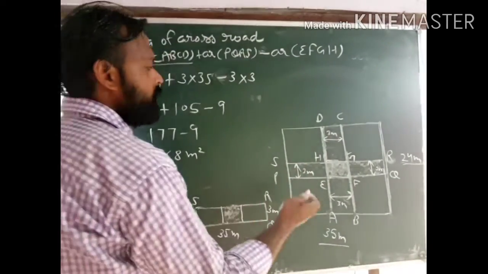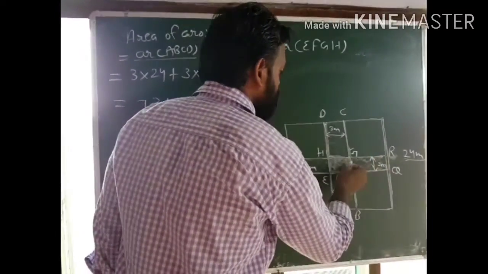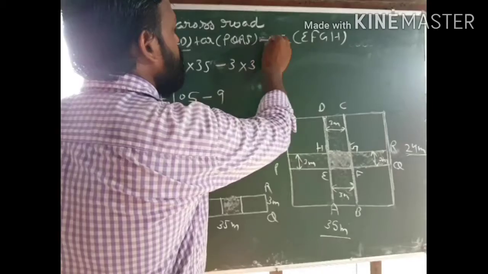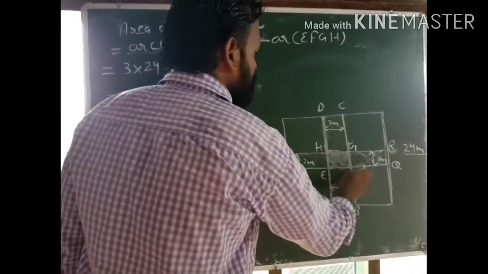That is why when we add, one time we have to subtract this area. So I have written here minus the area of EFGH.